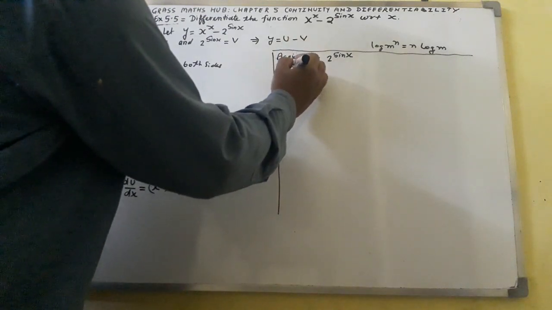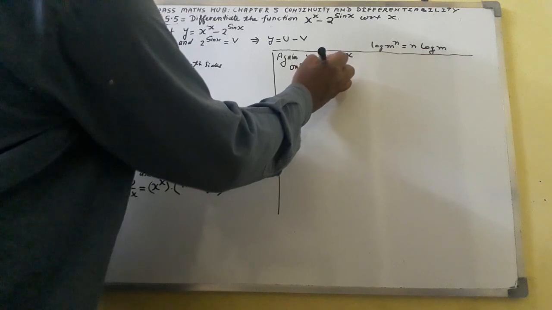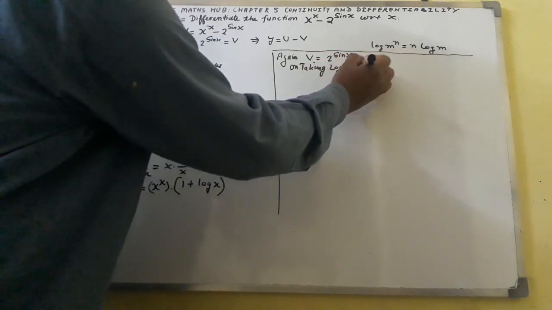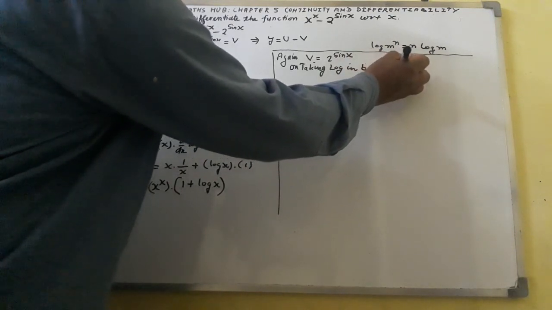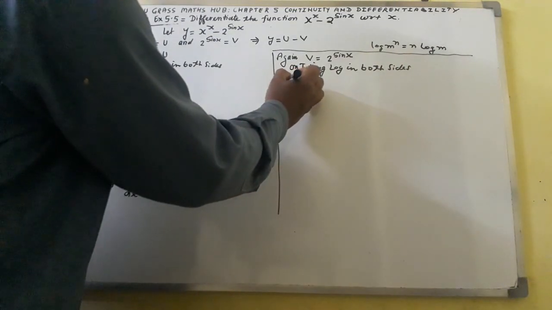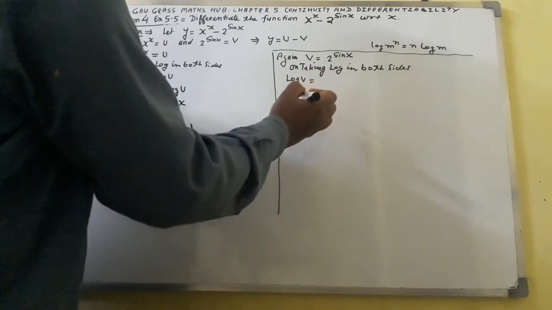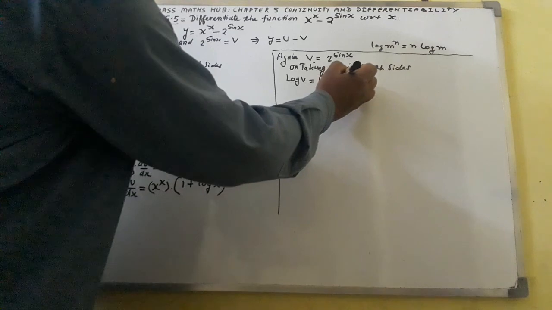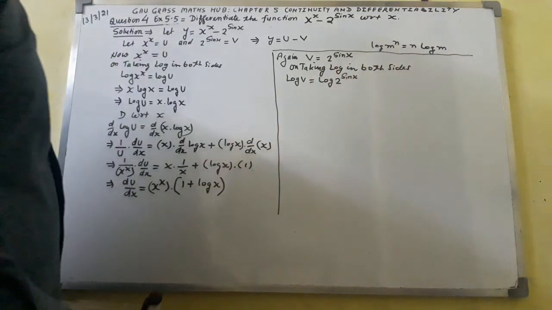Here I shall write, on taking log on both sides, log v equal to log 2 raised to power sin x.